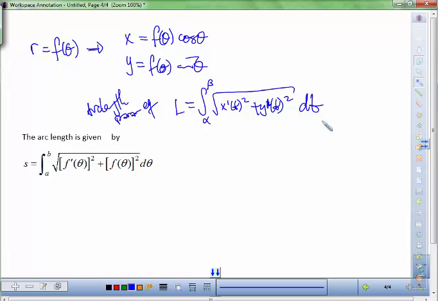So the link between that formula and this new formula that we're coming up with is really, this is your x and y. Well, just take the derivatives and square it, and you should get that.